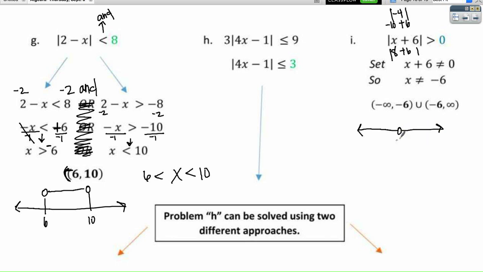The only number that I cannot have is negative 6. So for this one, it's not quite infinite solutions, it's almost infinite solutions. The only thing it cannot be is negative 6. So if we have just a greater than 0 situation here, we've got to figure out what's that one number that would make it equal to 0, because that's the one thing it cannot be.